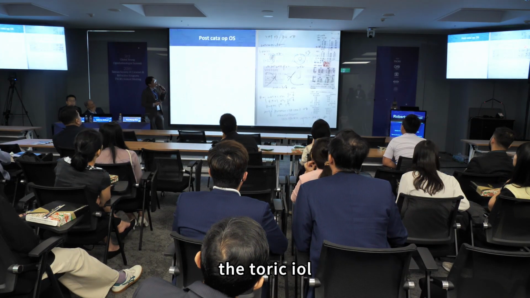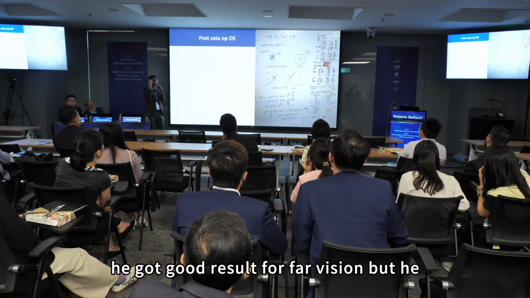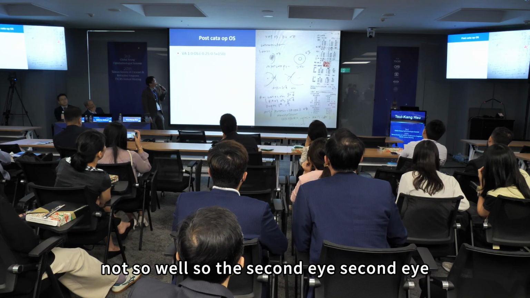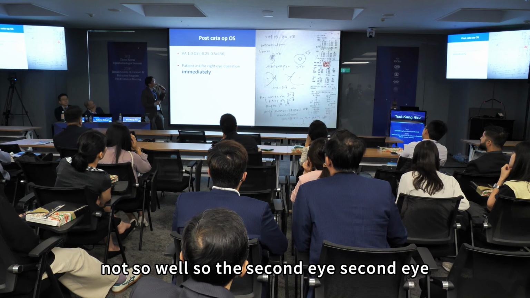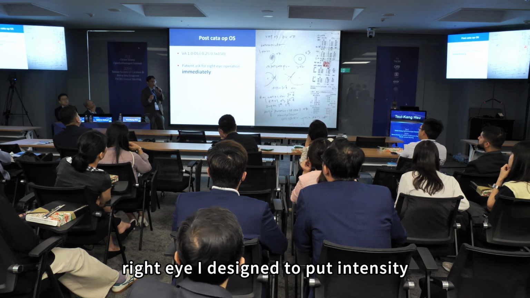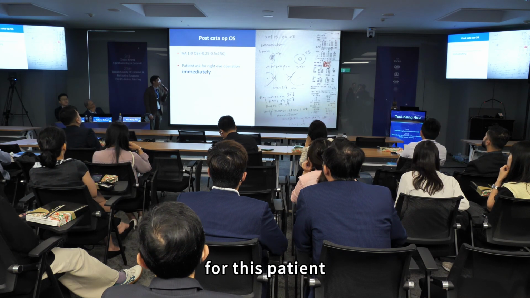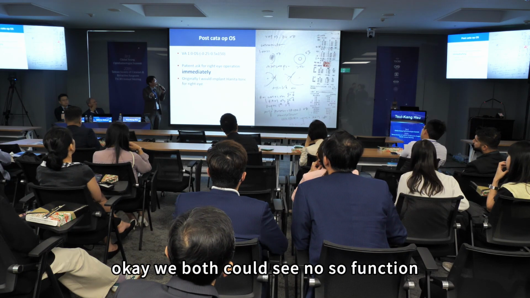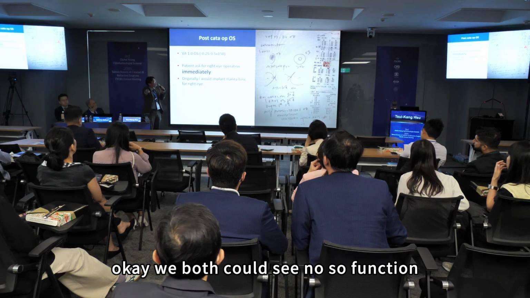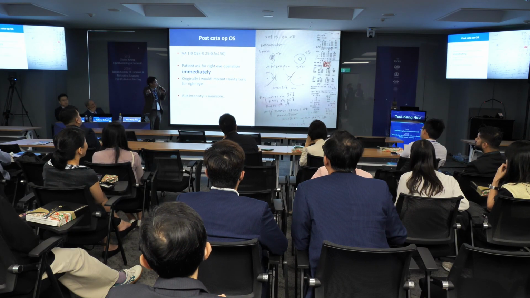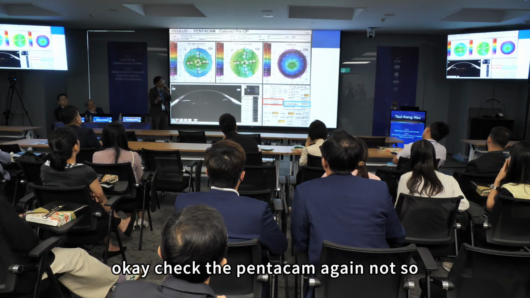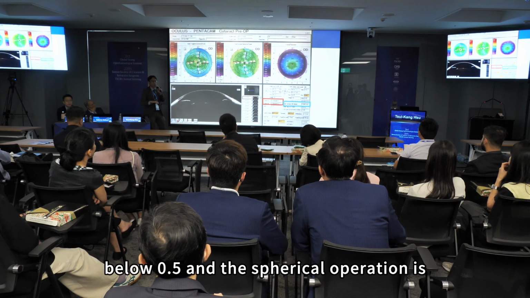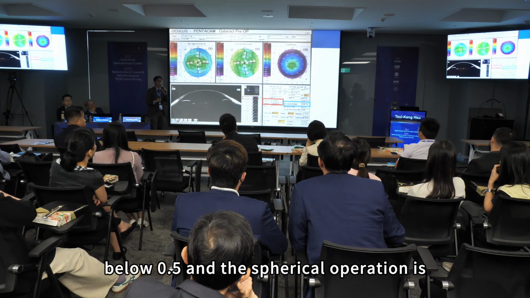After the toric IOL, he got a good result for far vision, but he complained that near and intermediate were not so good. So for the second eye, the right eye, I decided to implant the Intensity for this patient. Check the Pentacam again: not much astigmatism, Coma-mu and Coma-alpha below 0.5, and the spherical aberration is low.